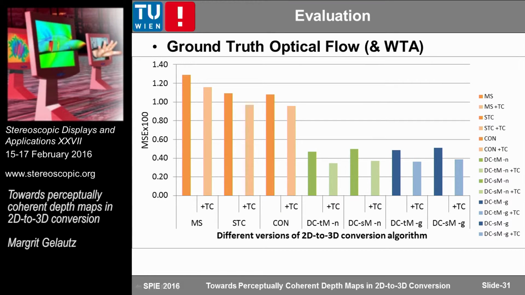Then we did quite a thorough evaluation by switching on and off different sections of the algorithm, different modules. So I won't explain all of that in detail, just give a broad overview.